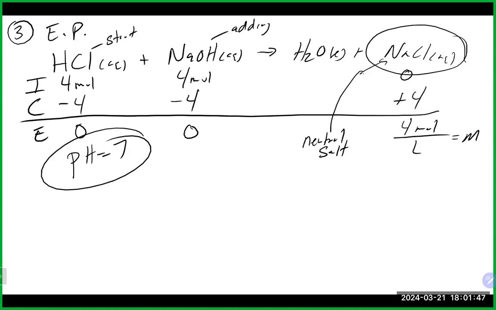So if you are doing a titration of a strong acid and strong base, no matter what combination of strong acid, strong base, and you reach the equivalence point, you should hit a pH of 7 when you're there at the equivalence point. And because you should pretty much only have a neutral salt left over at that point, along with water. Any questions on that there?